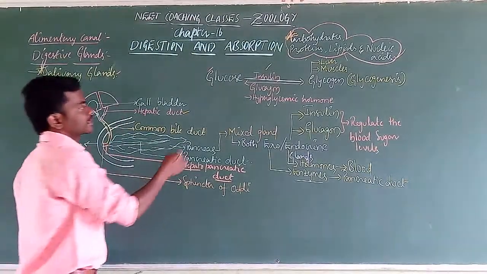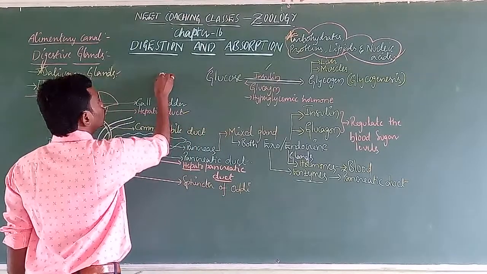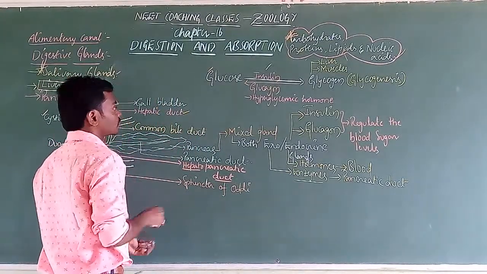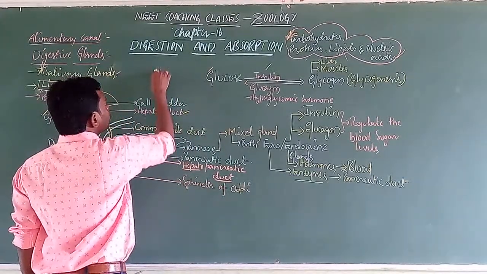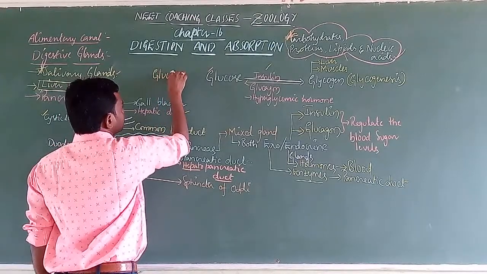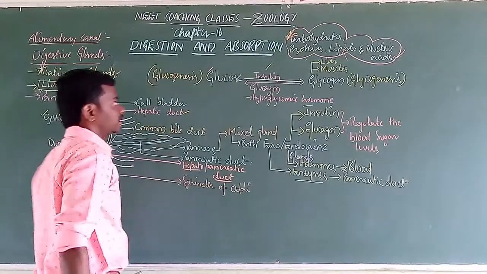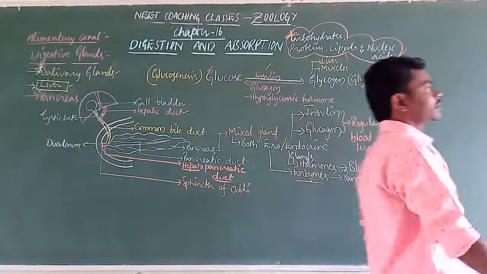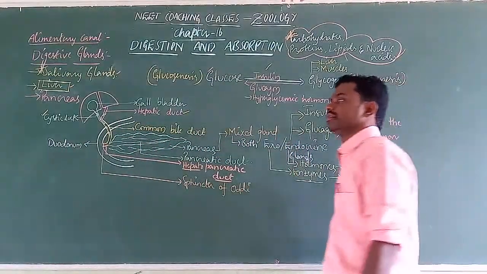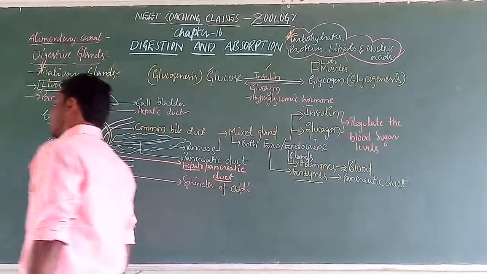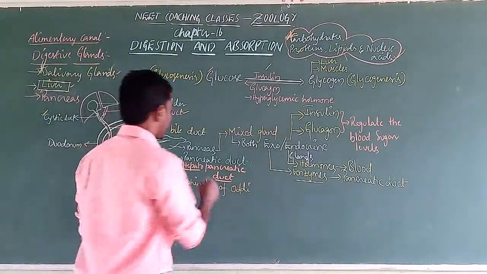This process is called glucogenesis. In this way, the glucose levels are regulated by the hormones secreted by the pancreas.